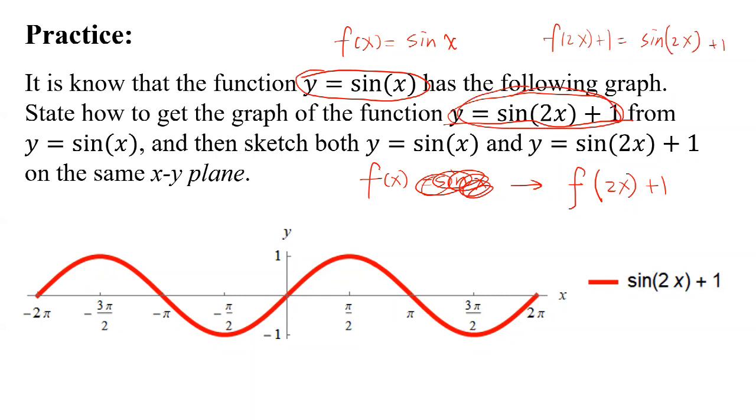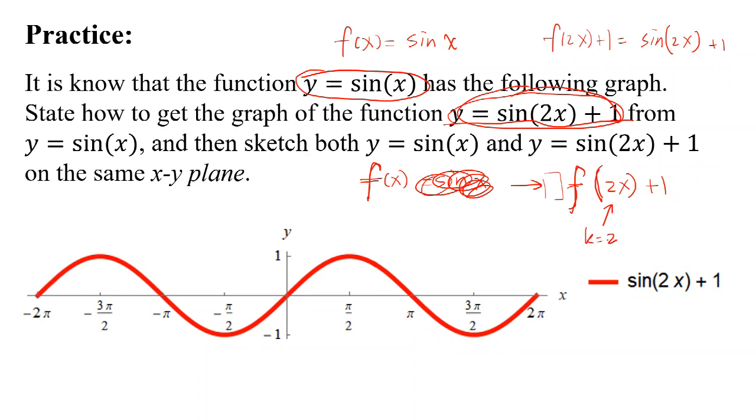So the transformation is from f(x) to f(2x) plus 1, right? So what are the parameters? So there is no parameter a, right? Or in other words, parameter a is 1. There is no effect to vertical stretch or compression, right? So k here is 2.